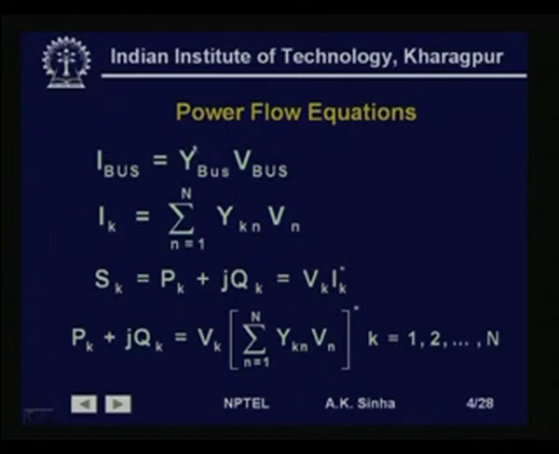Y bus is an n×n matrix of the admittances, and V bus is the voltage phasor at the n buses of the power system.